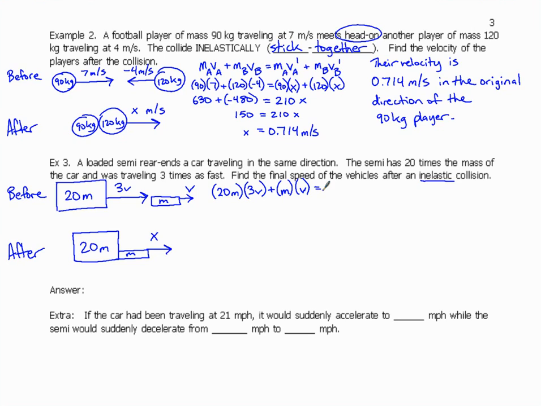After the collision, the mass of the semi is still 20m, and it now has a velocity of x. That's what we're looking for. Plus the car with a mass m, and it now has a velocity x, because in an inelastic collision, they are going to stick together and move off with the same velocity.